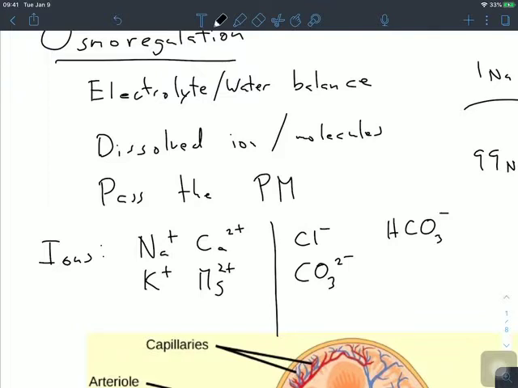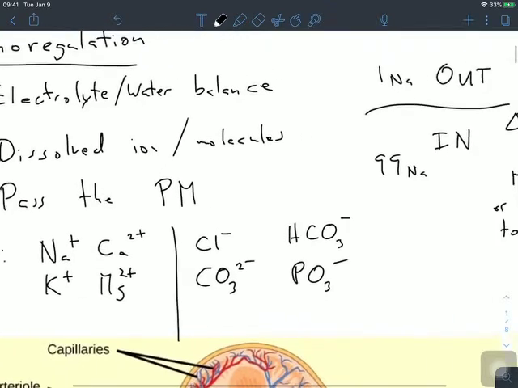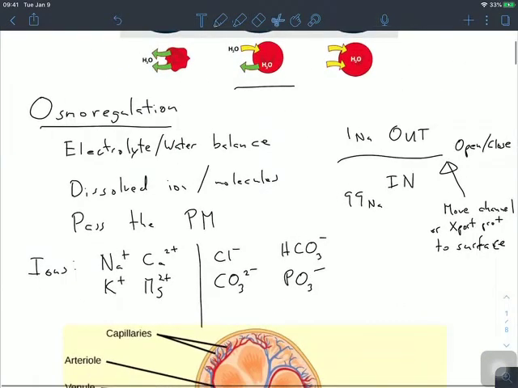buffer that is present when CO2 is dissolved in the blood. You definitely want to manage that for pH reasons. And then phosphate ions, which are part of the readily added and readily removed ATPs. So those ions are important things to keep track of.